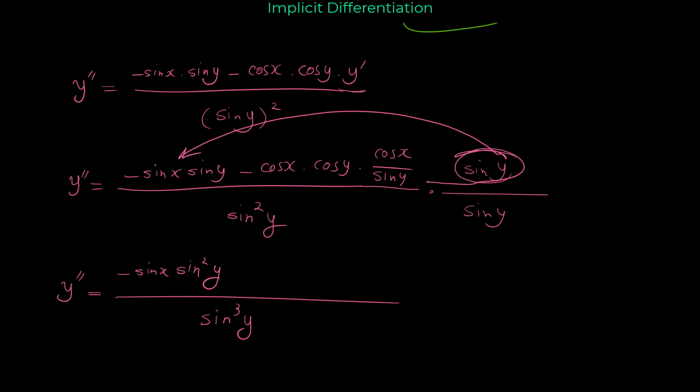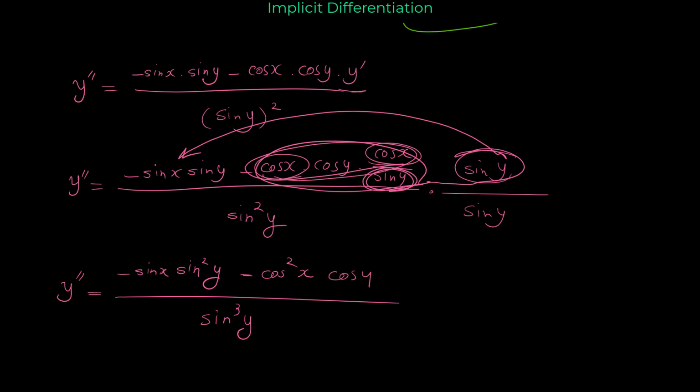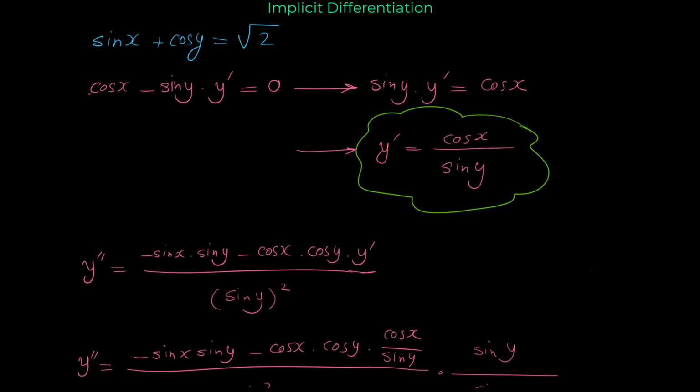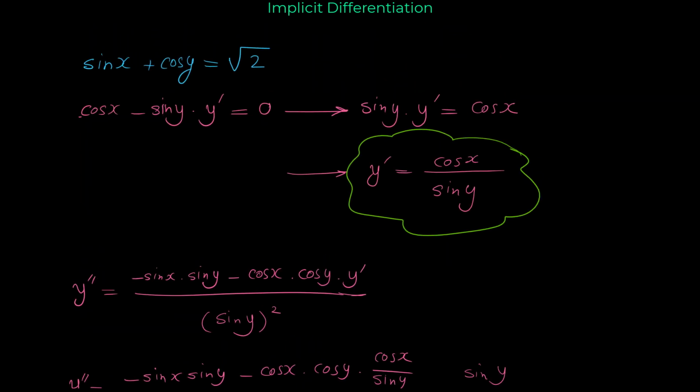This cancels with this and only this part remains. So we have minus cosine to the 2x, cosine x times cosine x is cosine to the 2 x, times cosine y. And this is the answer for y double prime for this implicit relation.